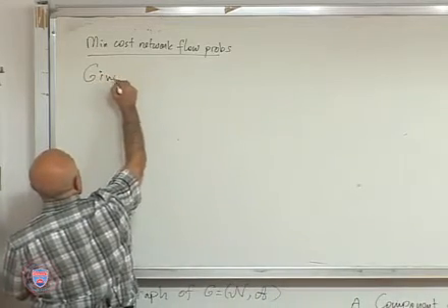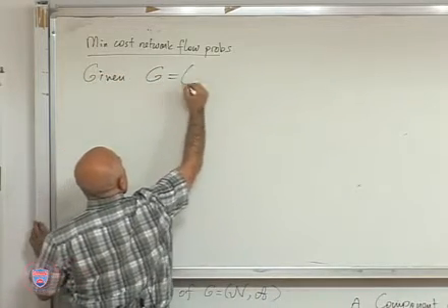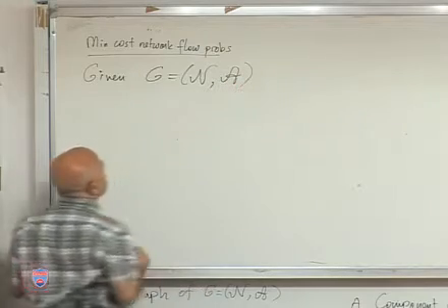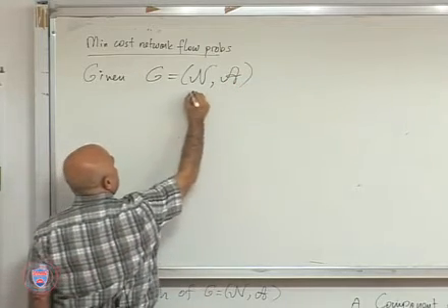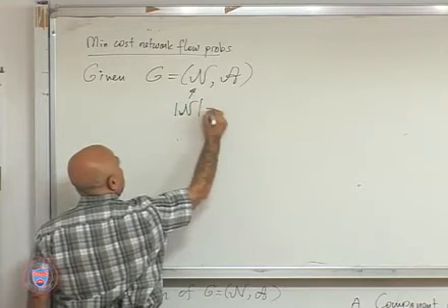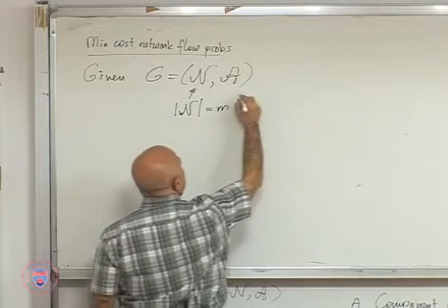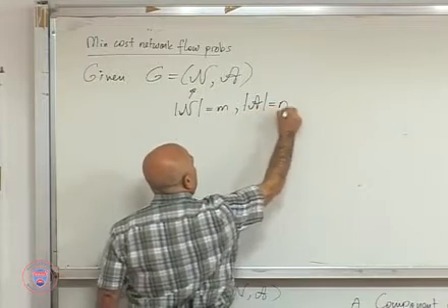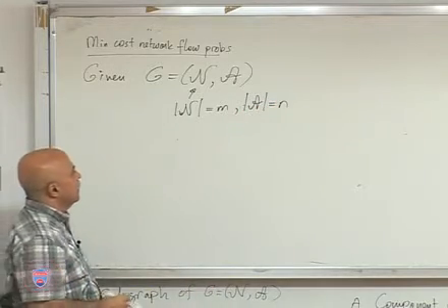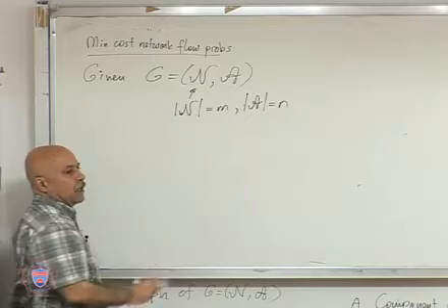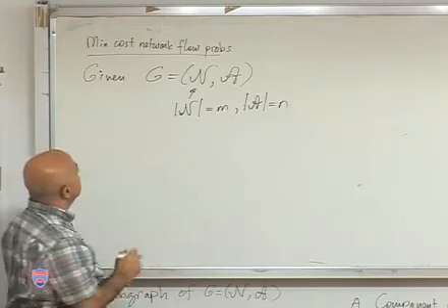We have a graph G with node set N, arc set A, and I'm going to assume that I've got, say, m nodes and n arcs listed in some way. I'm going to assume that the nodes are numbered from 1 to m.